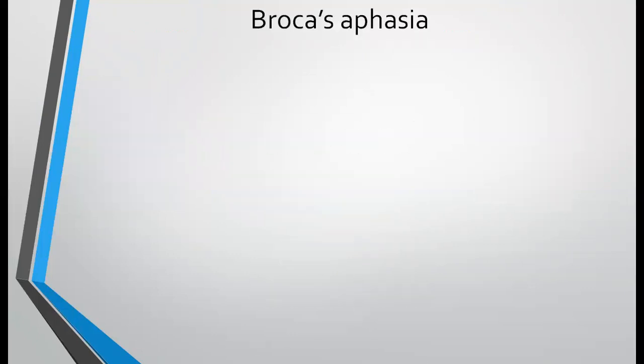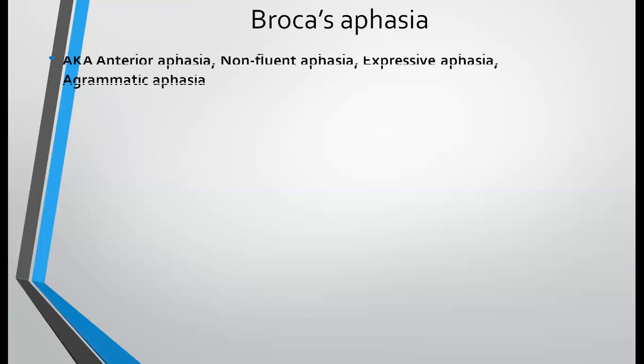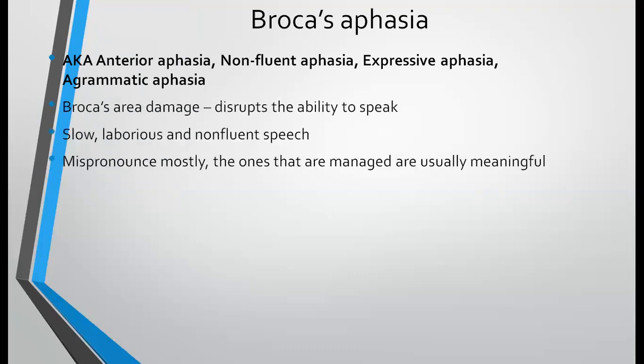So let us start with Broca's aphasia, which has many other names like anterior aphasia, non-fluent aphasia, expressive aphasia, and agrammatic aphasia. What are the characteristics? As we know, Broca's aphasia means damage in Broca's area. It disrupts the ability to speak.